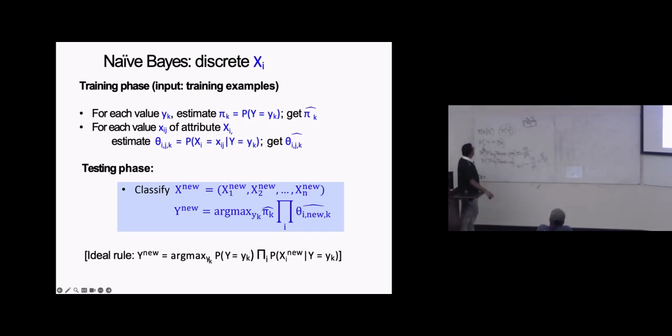So you need to figure out the probability of, let's say, outlook equal to sunny, and let's assume just two attributes, humidity equal to high, given play tennis is equal to yes.